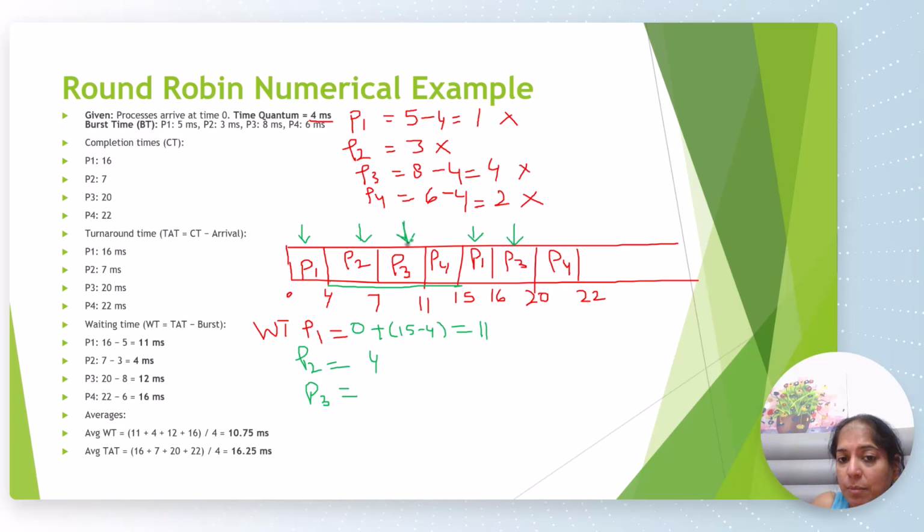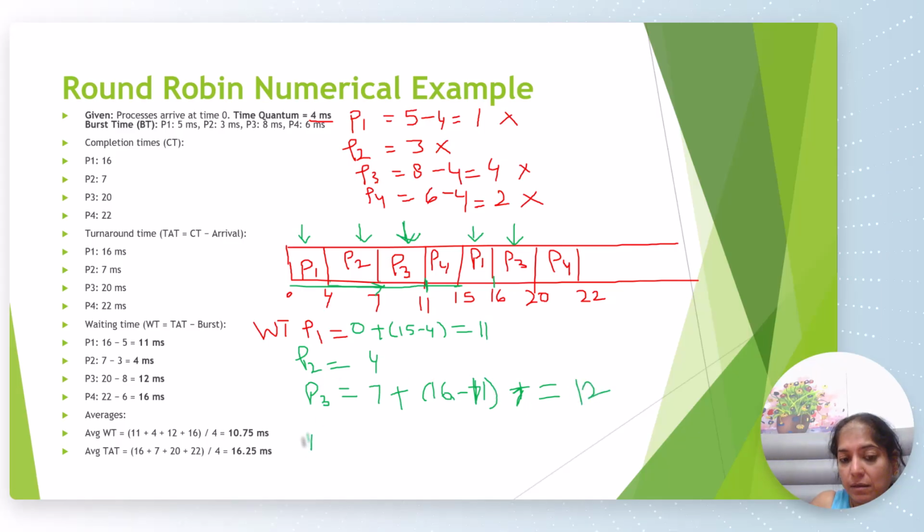The first time, process P3 has waited for 7 milliseconds, and the second time it waited for 16 minus 11, because it completes execution here. 16 minus 11 is 5. So it comes out to be 7 plus 5, which is 12.